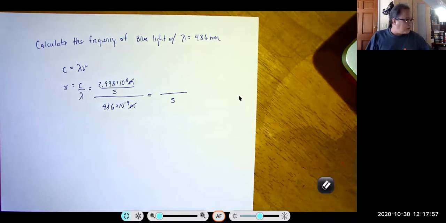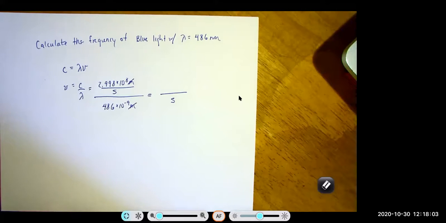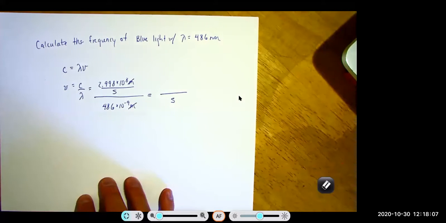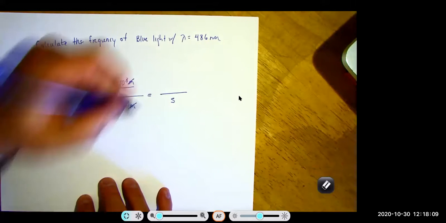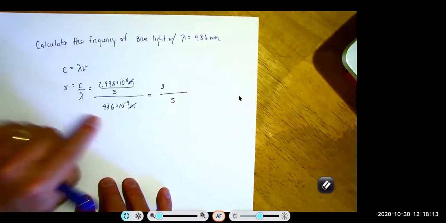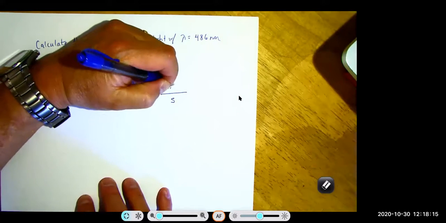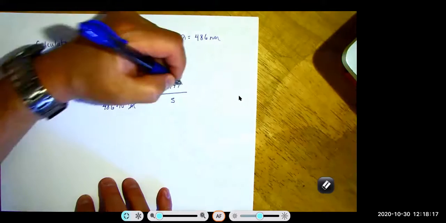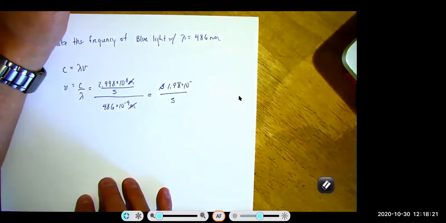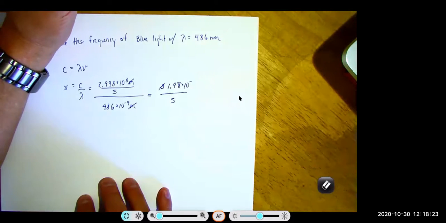You've got to do the calculation and tell us what the answer is. I think the answer is, let's see, 1.97, 1.98 times 10 to the power of negative... No.